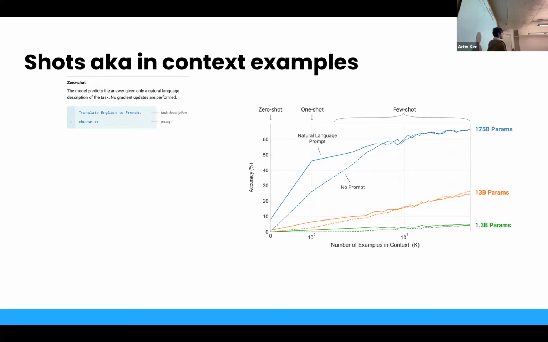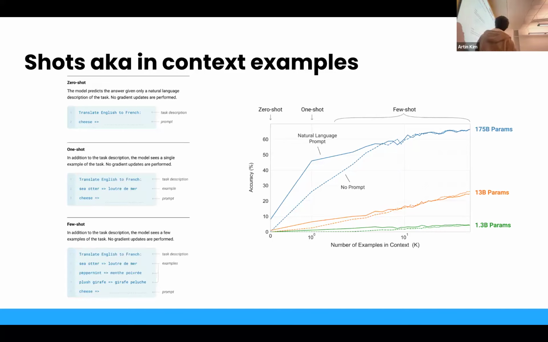So it's only one example the model really needs to know what you want it to do. And if you do 10 examples, it's going to be better. But the whole point was that it just wasn't good at following the task on the first go, right? So yeah, these are examples of shots.